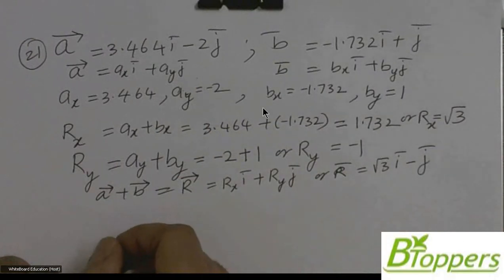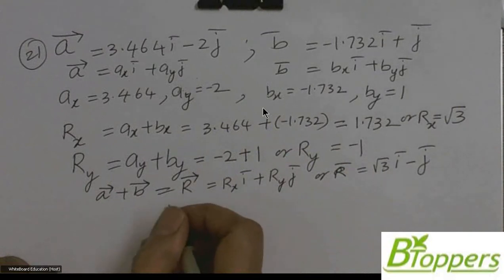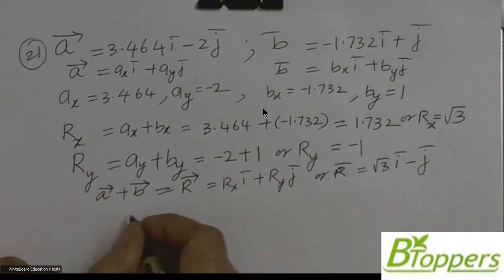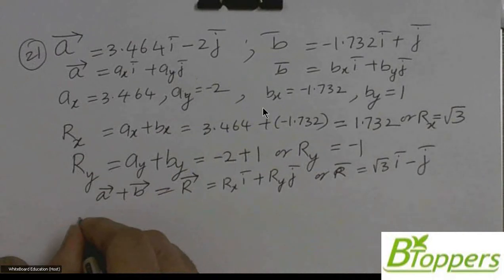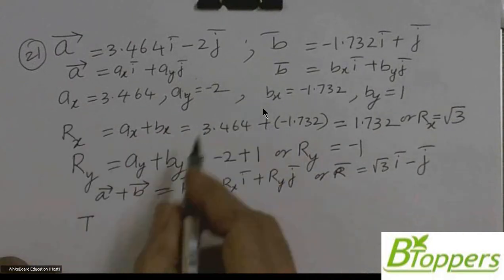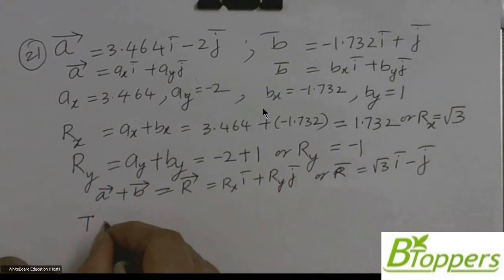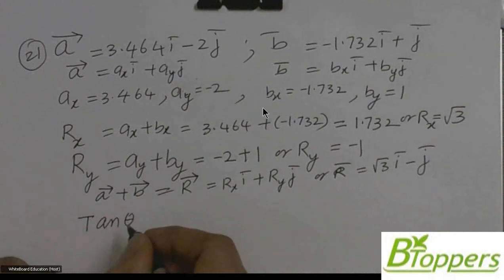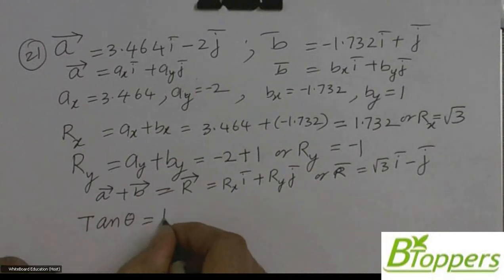So if theta is the angle made by the resultant vector R bar with the positive direction of x-axis, and if A bar and B bar lie in the xy plane, then the resultant vector R bar also lies in the xy plane.